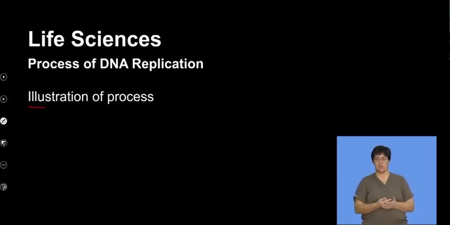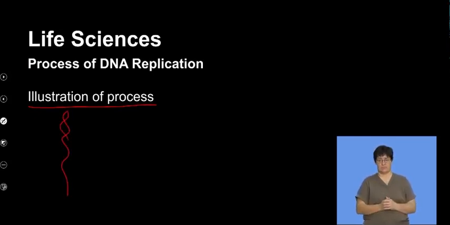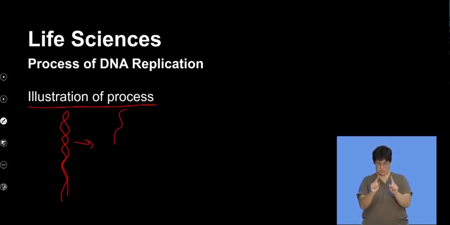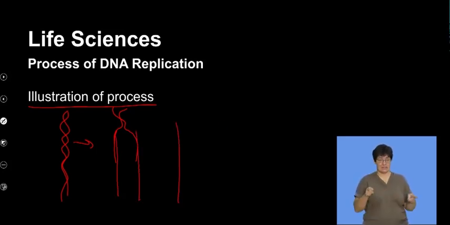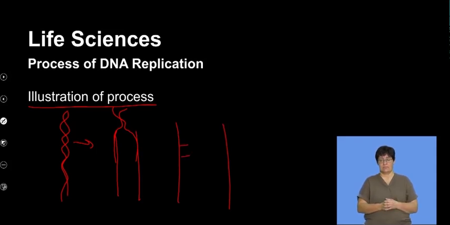So a simple illustration of the process would be that you've got a DNA molecule that then needs to unzip, and as it unzips, you're going to find that in the nucleoplasm, these templates now, which I'm going to enlarge, okay, have on them the bases that are exposed.